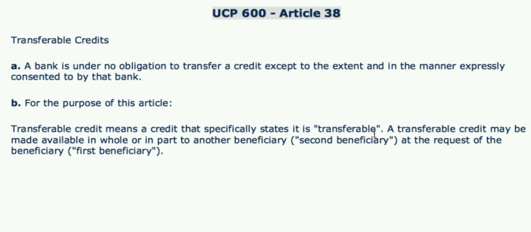Transferable credits are the credits which can be transferred to another beneficiary also. And if it is specifically mentioned in the documentary credit, only then is it acceptable by the issuing bank. If the credit has been transferred without the consent or without the terms mentioned in the documentary credit, then the bank assumes no liability.